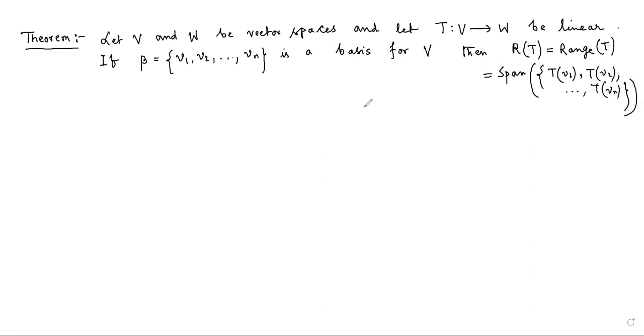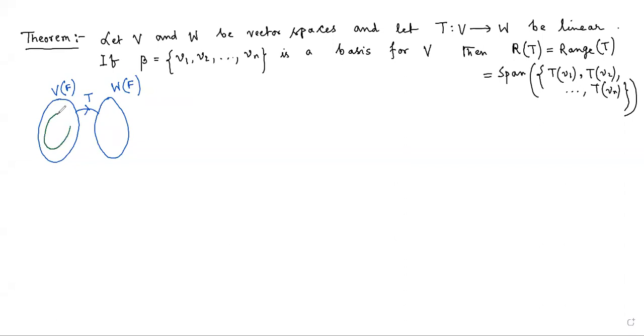So this is the theorem that I'm going to discuss right now. It's a very important theorem and it is actually used in so many problems. What this particular theorem is saying is that you have got two vector spaces, V and W, defined over the same field F, and you have considered one transformation T from V to W. Now in V, infinitely many elements are there, but from these elements, you are choosing a set of elements.